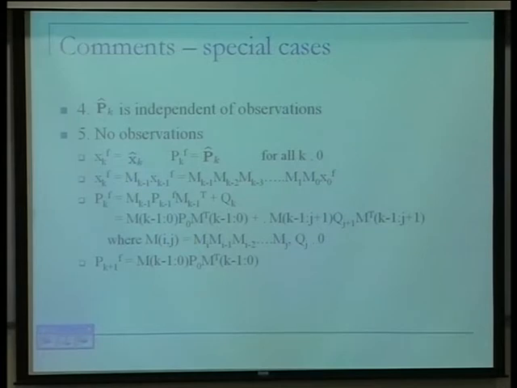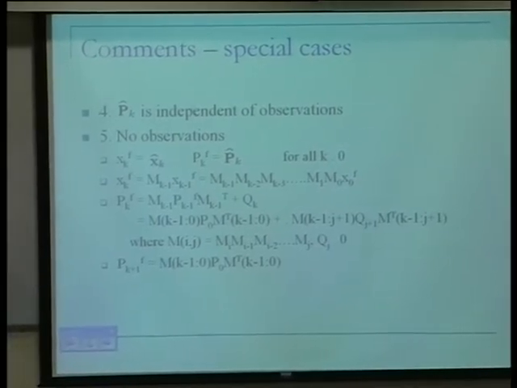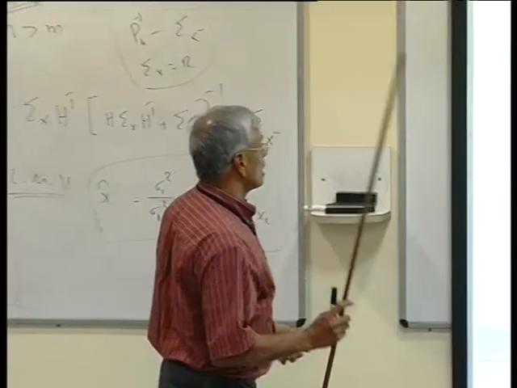This is Mk Pk minus 1 F Mk transpose plus Qk. So if I have a stochastic dynamics where I don't have any data, I'm simply pulling the model state. And if I'm going to be talking about the covariance evolution, this is the dynamics of covariance evolution. Look at this now. This doesn't require any observation. That's one of the things I talked about.